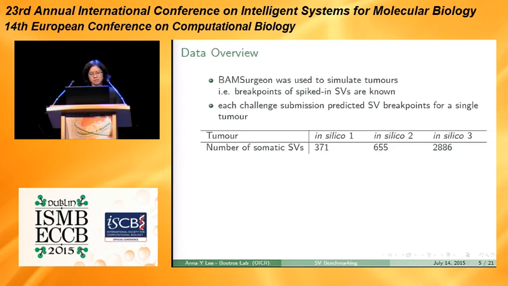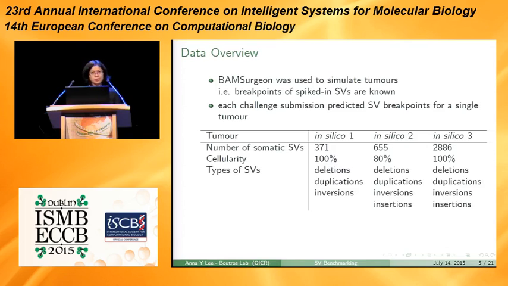The first two tumors have on the order of 300 to 600 structural variants, and the last tumor has an order of magnitude more. The cellularity, as in mixture of normal and tumor data, is 100% for two of them, but 80% for the second tumor.